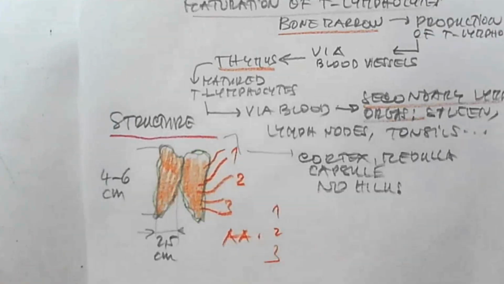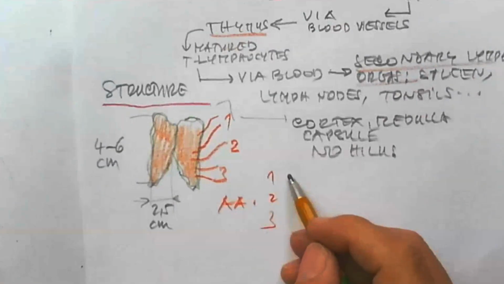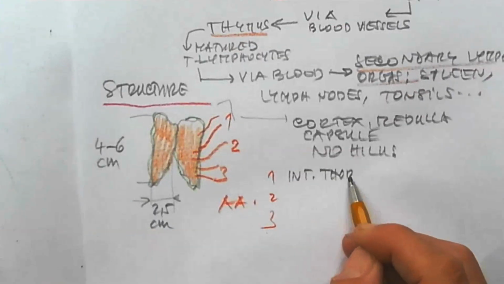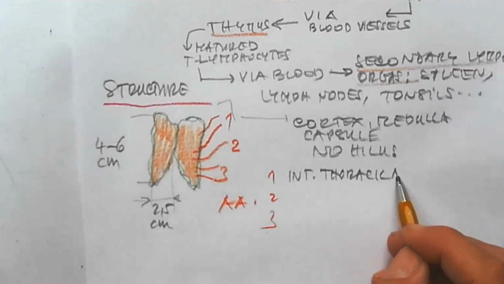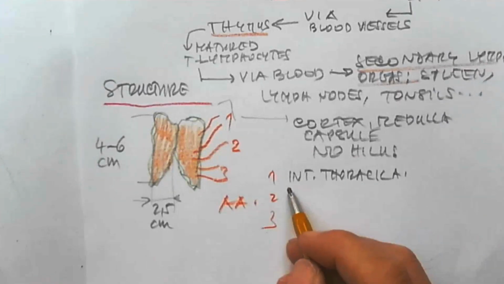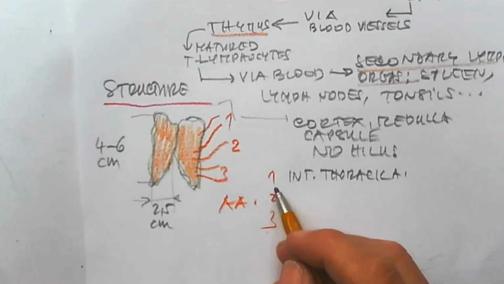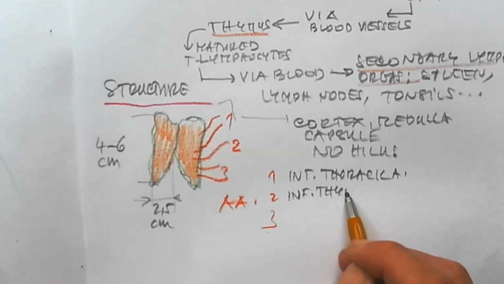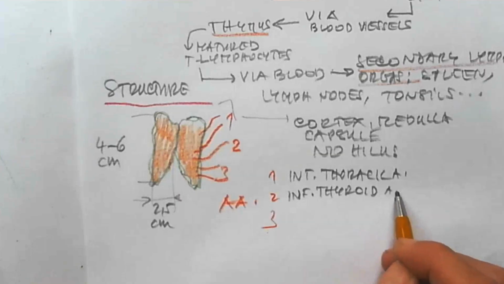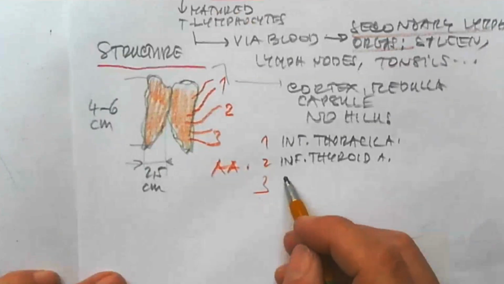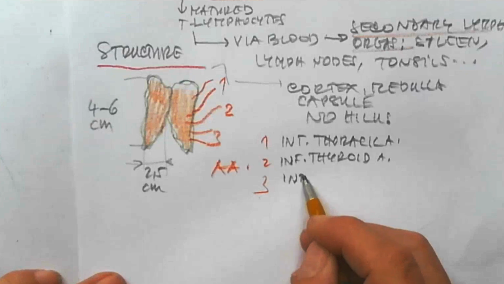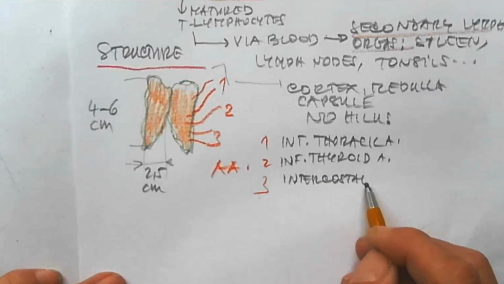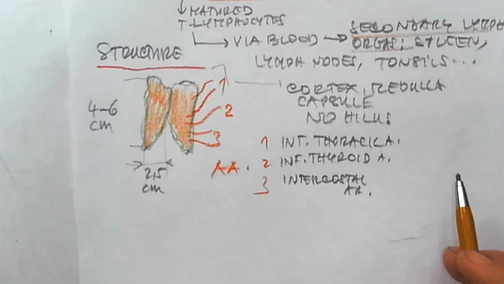1, 2, 3. Look, the number 1 is the internal branches of internal thoracic artery, mainly thoracic artery. The second one from the inferior thyroid artery, which comes from the subclavian. Finally, the intercostal, some branches intercostal arteries. That's it.